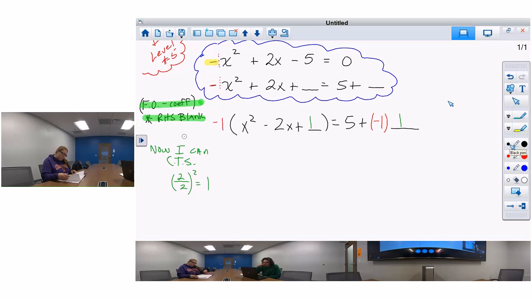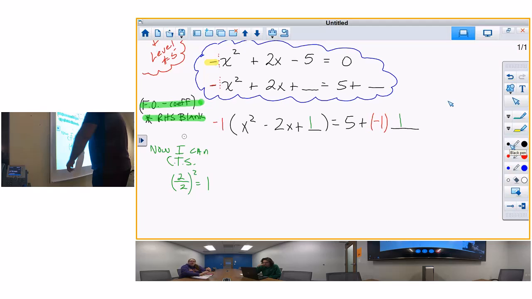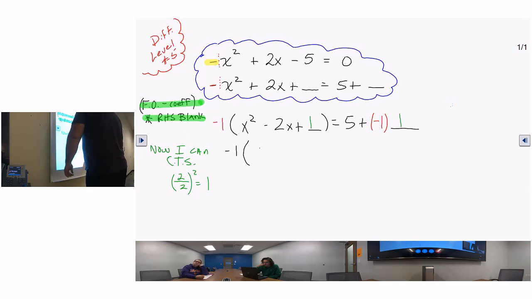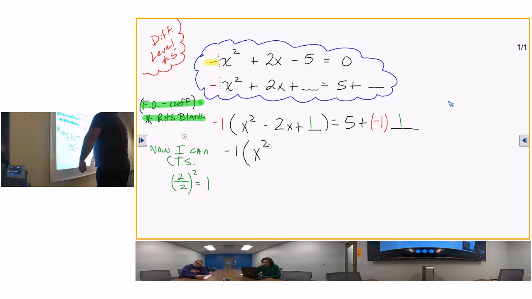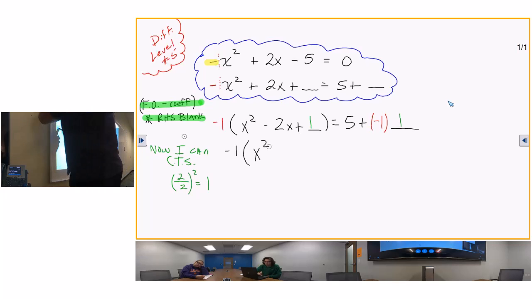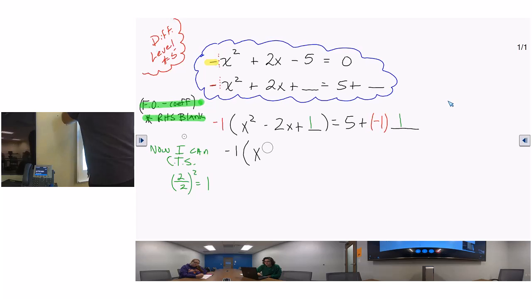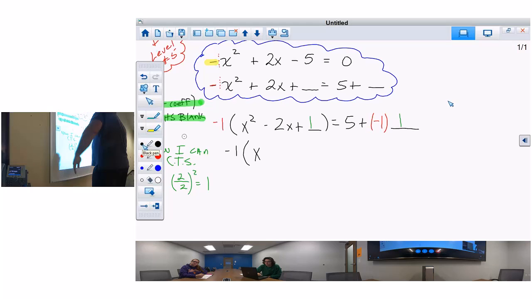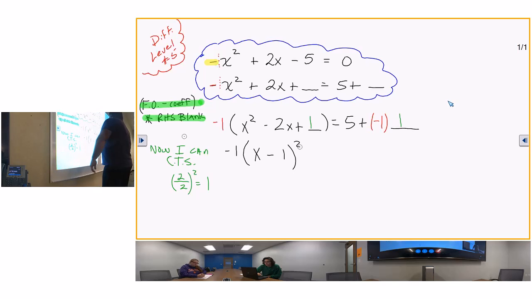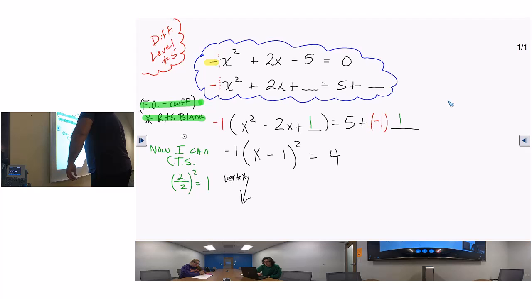Okay, here we go. So -1 x squared minus... shortcut number 2. That's x minus what? x minus 1, quantity squared, equals 5 minus 1 is 4. And at this point your vertex is (1, -4).